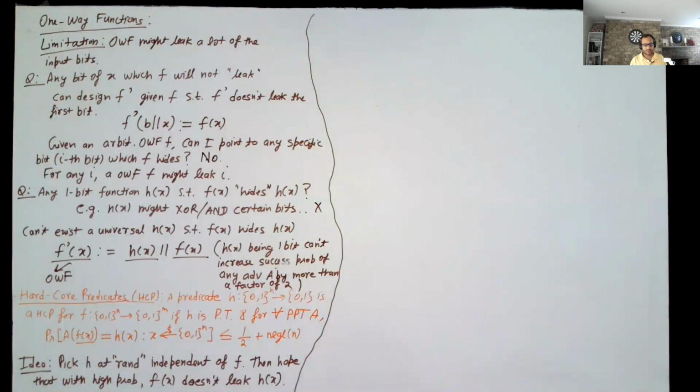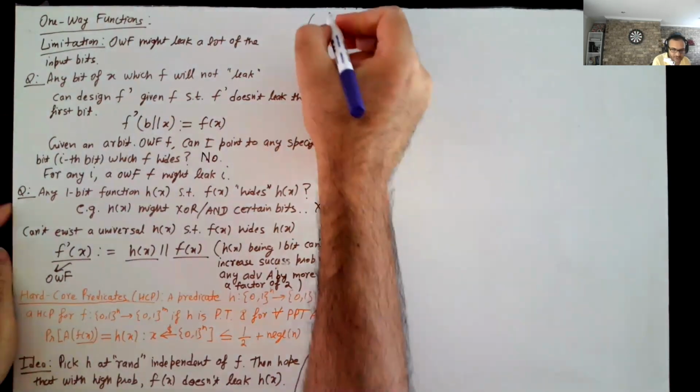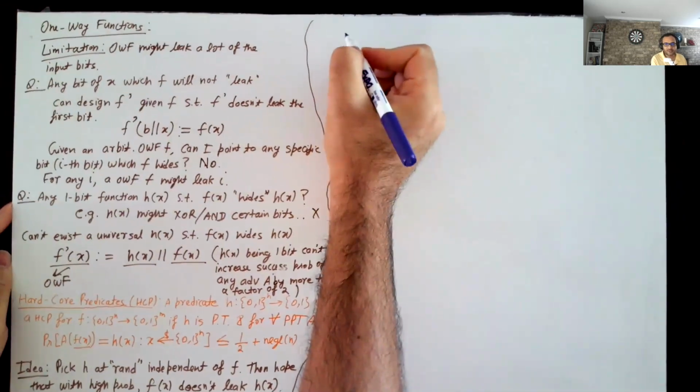So let me define the inner product function, and our hardcore predicate will be based on this inner product function.